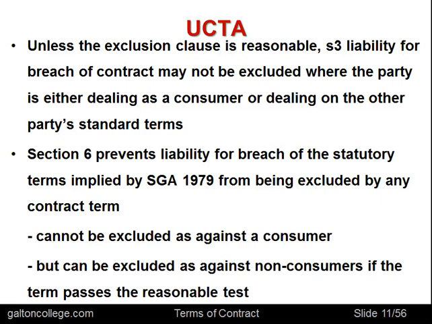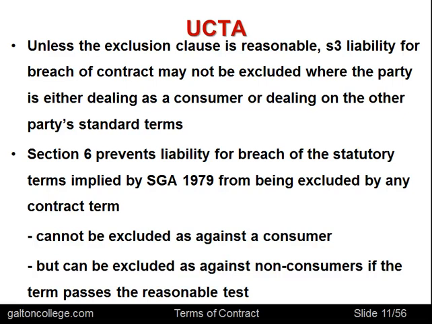Section 6 of the same Act prevents liability for breach of the statutory terms implied by the Sale of Goods Act 1979 from being excluded by any contract term. So it cannot be excluded as against a consumer, but can be excluded as against non-consumers if the term passes the reasonableness test.